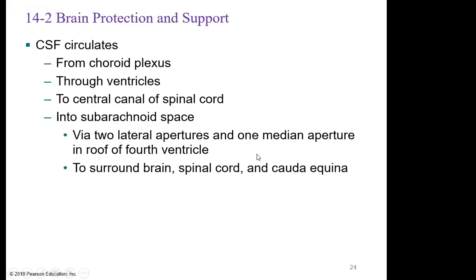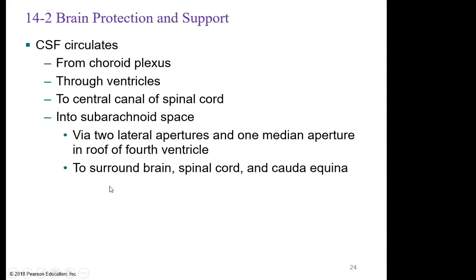So whenever we're looking at the CSF, as I alluded to a little bit earlier, it will circulate from the choroid plexus through the ventricles and then down into the central canal of the spinal cord. Remember, it will also go into the subarachnoid space, and it does this through these 2 lateral apertures and a median aperture within that 4th ventricle. Why does it need to get into the subarachnoid space?